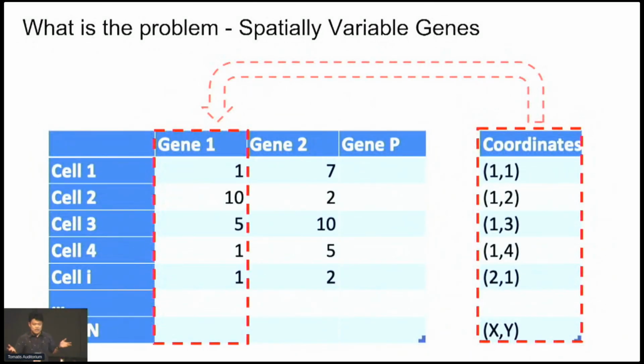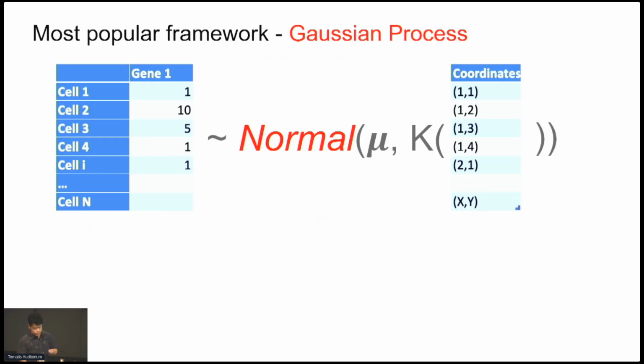But mathematically speaking, now you have a count matrix, and you also have additional spatial coordinates. The principle is that you want to find the association between these two. This is actually well studied in statistics, and one easy way to do it is using a Gaussian process.